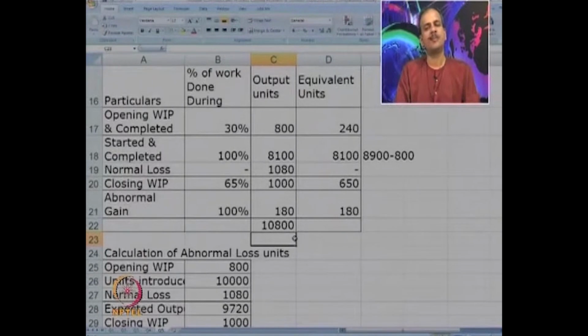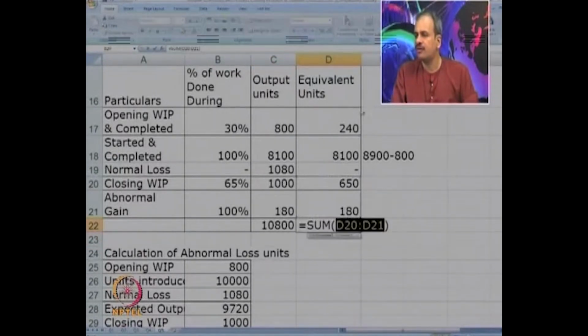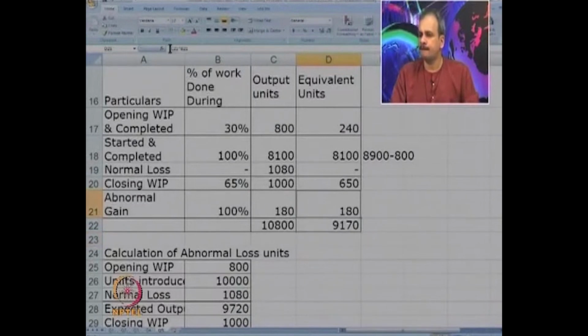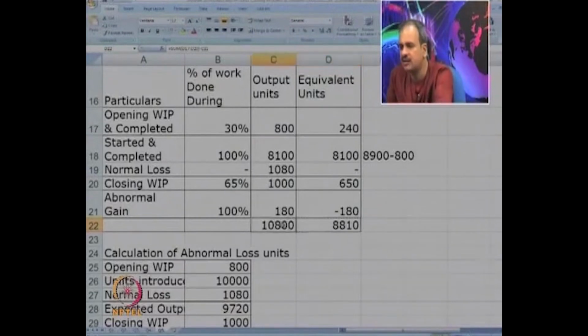Are you getting me? So what is more important is I take a sum of equivalent production which is 88110. I will just take it here.